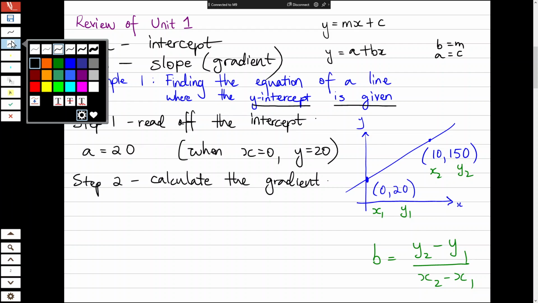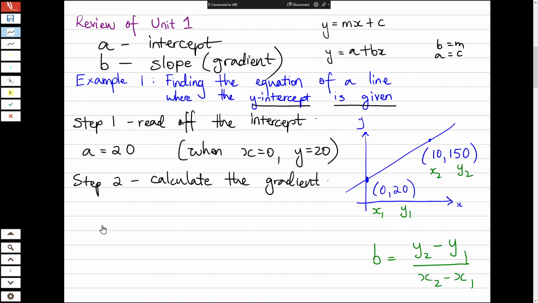Once we have that, I can substitute these values, (0, 20) and (10, 150), into this formula, and we will get the following. It is good practice to write the formula, so we can do that, and in this case, I substitute the values in.